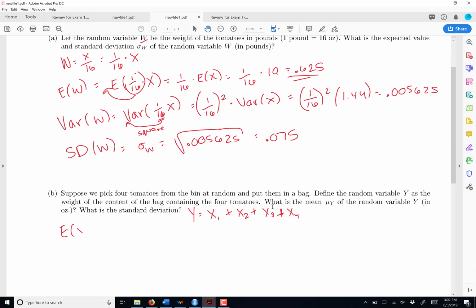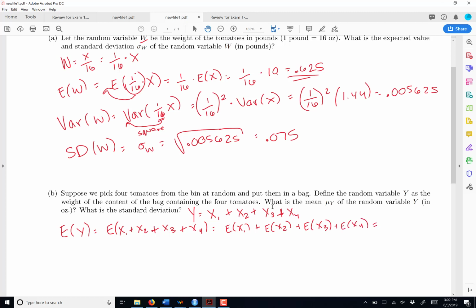So the expected value of y is really just the expected value of x1 plus x2 plus x3 plus x4. And if you want to find expected values and there's a sum, you just do each one individually. So expected value of x1 plus expected value of x2 plus expected value of x3 plus expected value of x4.